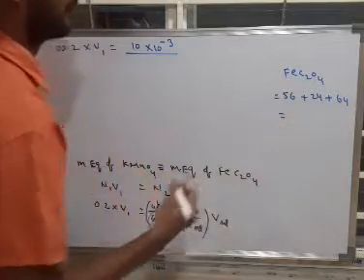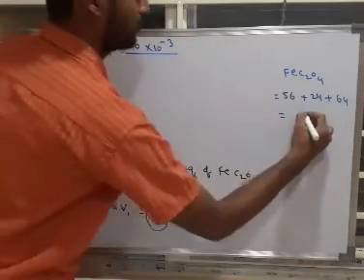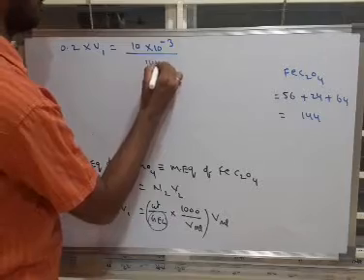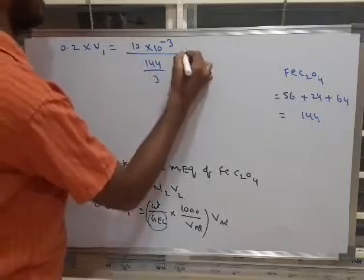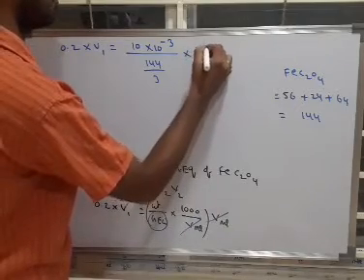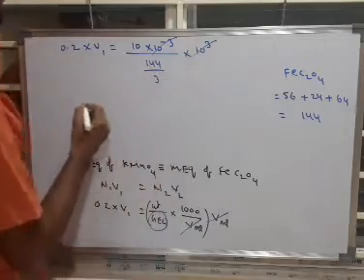So the total becomes 144. The n factor is 3, so that is 144 by 3. Here the terms will cancel. 1000 we can write as 10 power 3. So this also gets cancelled.